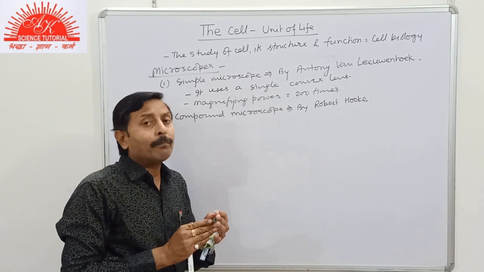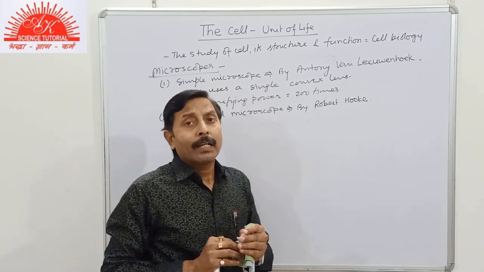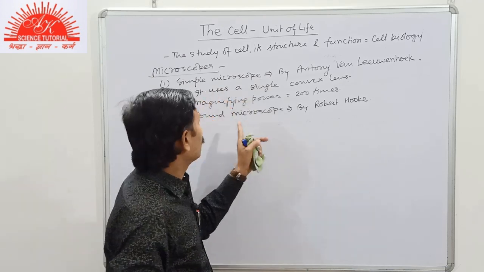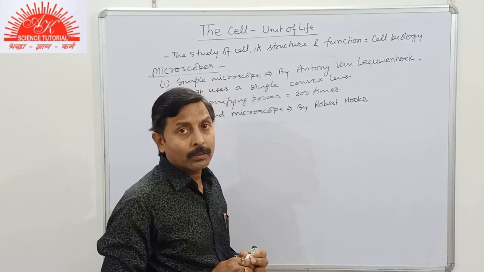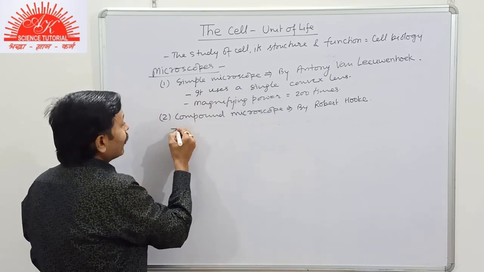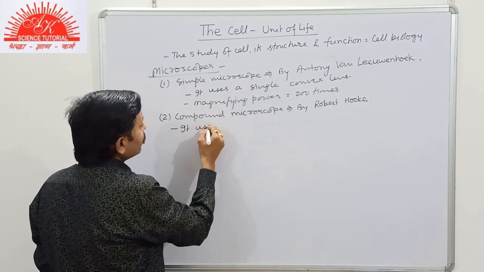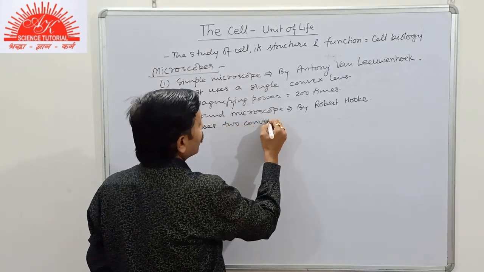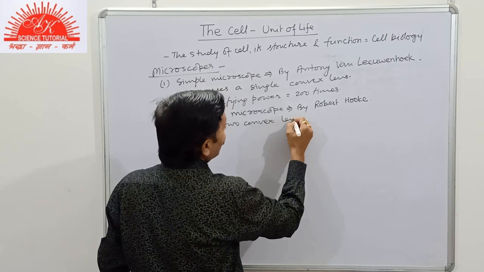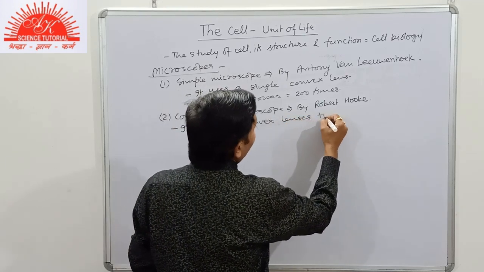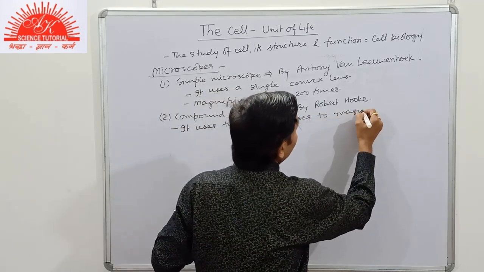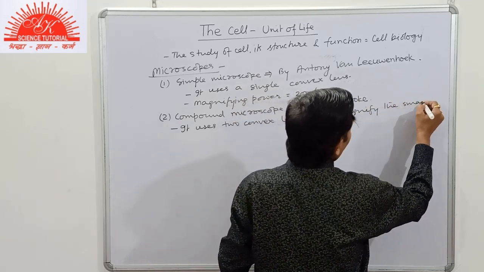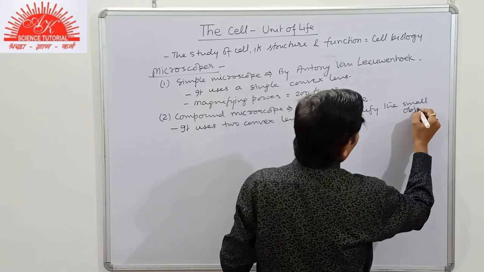The modern compound microscope is actually the modified form of the initial microscope made by Robert Hooke. In this, it uses two convex lenses to magnify the small object.